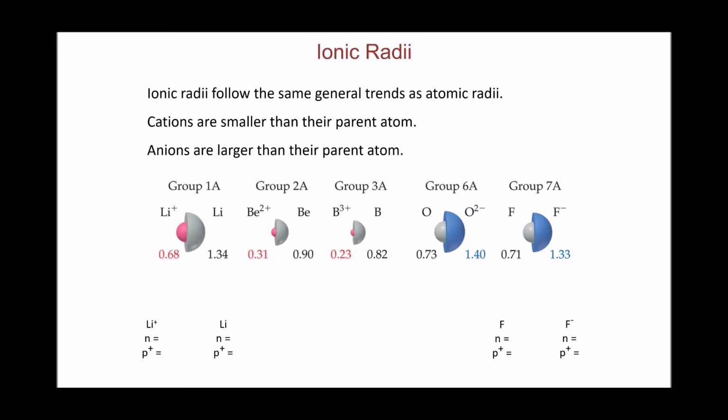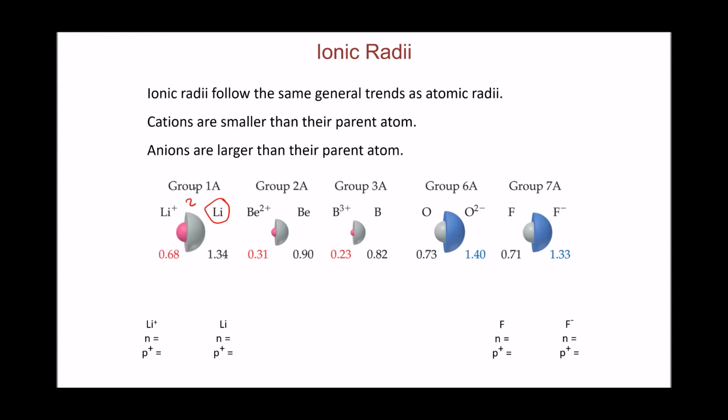So if you look at the elements that become cations, like metals, the parent atom itself is going to be larger because it has the valence electrons, in the case of lithium, for example, in energy level 2.